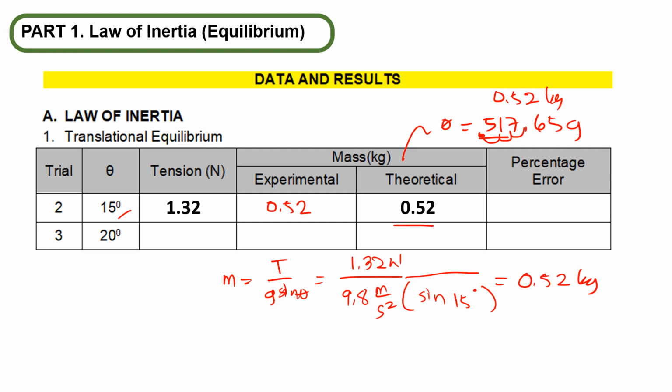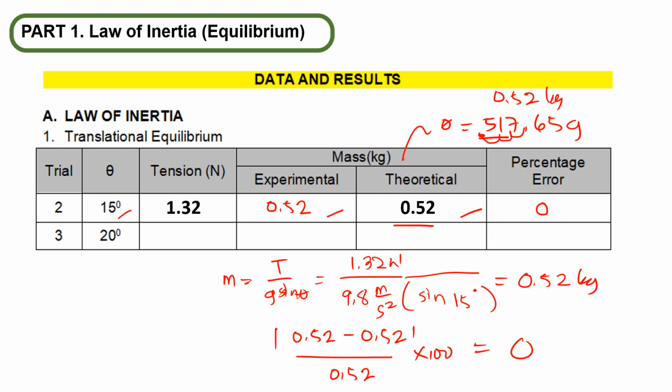Since this is 0.52 and the experimental is also 0.52, the percentage error should be 0%. Again, the formula is 0.52 minus 0.52 over the theoretical value, which is also 0.52, times 100, absolute value. This is equal to 0, so this is the percentage error.